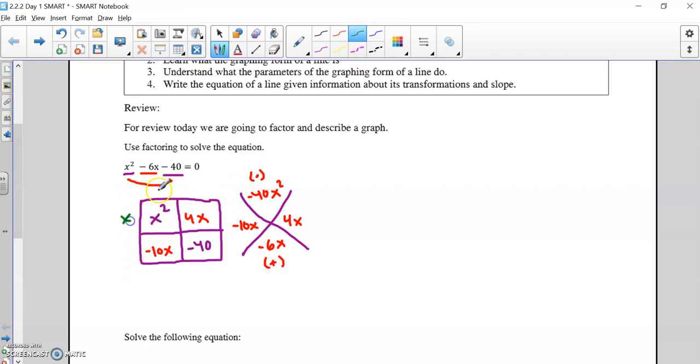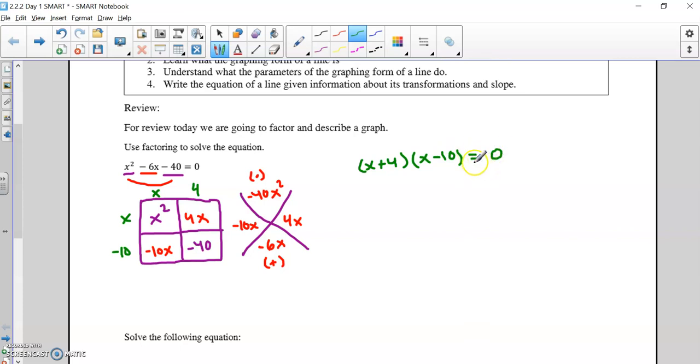Now we can fill out the outside of the box. We know that x and x go here, and down here we have a negative 10, because x times what gets us negative 10x? That would be negative 10. By the same concept, x times what gets us 4x? That's going to be a 4. Once we get to this point, from factoring we would just rewrite our equation like this and call it a day.